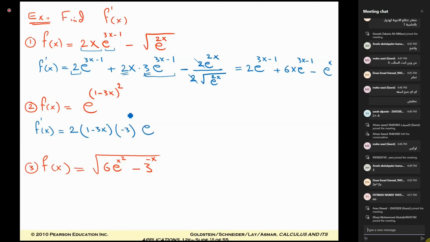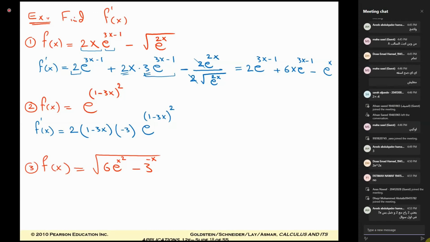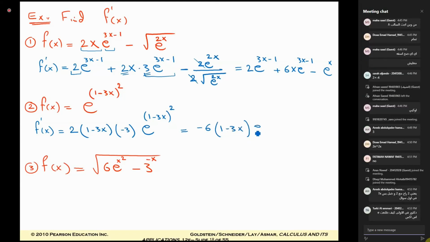Now this is e to the power (1 minus 3x) squared. If we need more simplification, we can put it like this: minus 6 multiplied by (1 minus 3x) e to the power (1 minus 3x) squared. Also we can put the negative 6 inside the brackets.